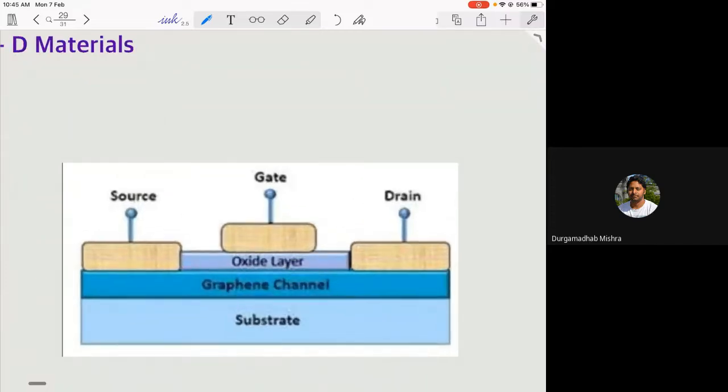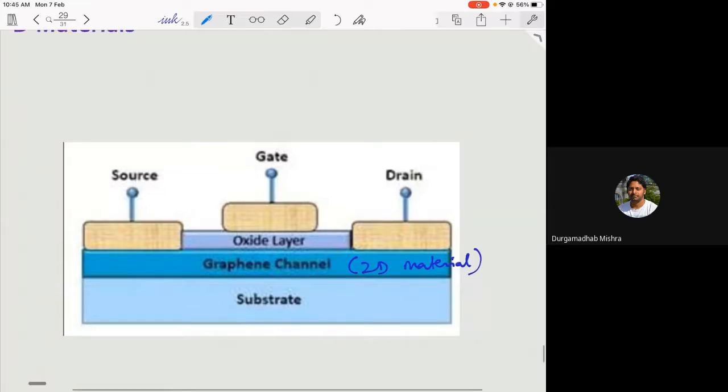Here is a schematic picture of that. What you have is a substrate, then source, drain, gate, your oxide layer, and what you want is to change the channel underneath the oxide layer using a 2D material. Here this is graphene. This is a 2D material with a very high electron mobility, 100 times more than that of silicon. But again, the challenge is the fabrication process.